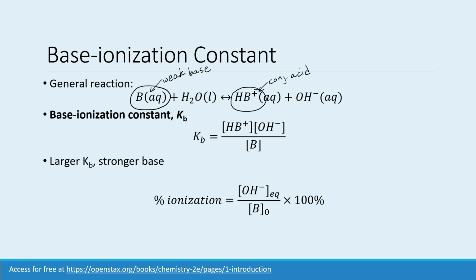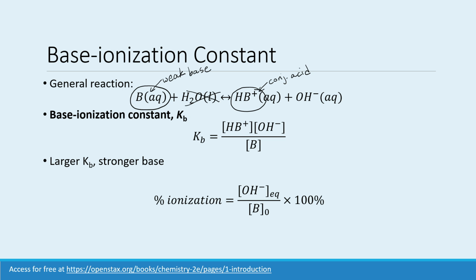Plus our hydroxide ion. And so again, if we look at the base ionization constant, we ignore the water because it's a liquid, and then that leaves our two ions, the conjugate acid times the hydroxide ion concentration divided by that weak base.